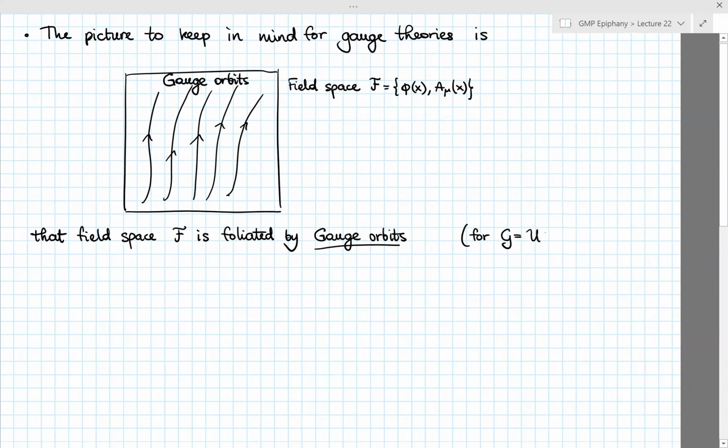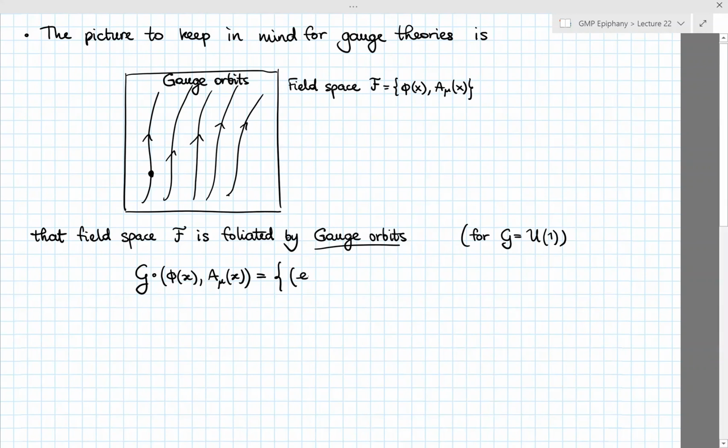In particular, these gauge orbits, for our case of the gauge group G, which is U(1), are defined as follows. We start from phi of x, A mu of x, some field configuration that's a point in field space, say this point here, and then we act on it with the gauge group G, and we consider the set of all gauge transformed field configurations obtained by acting with the gauge group.